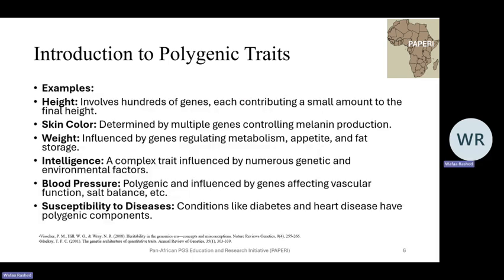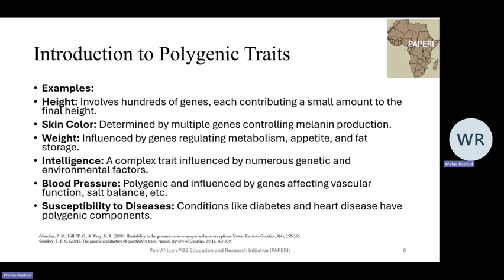Examples of this: height involves hundreds of genes, each contributing a small amount to the final height, the final polygenic trait. If we consider height as one of the polygenic traits. Skin color, again, is determined by multiple genes controlling melanin production. Or weight, influenced by genes regulating metabolism, appetite, and fat storage.